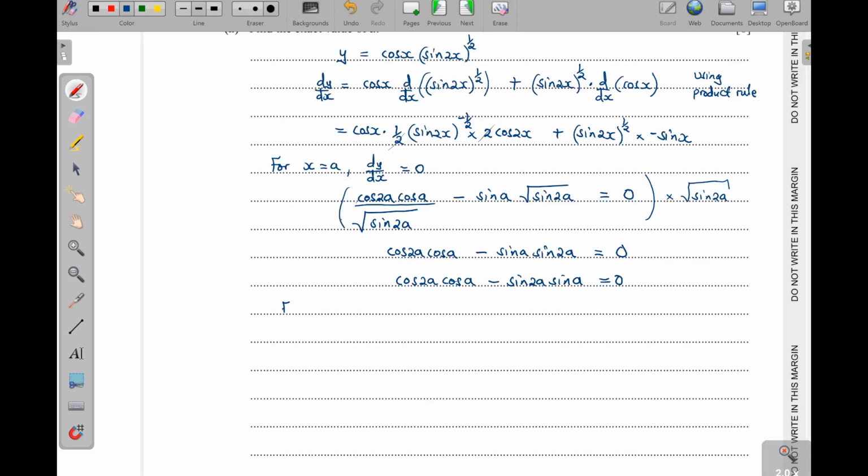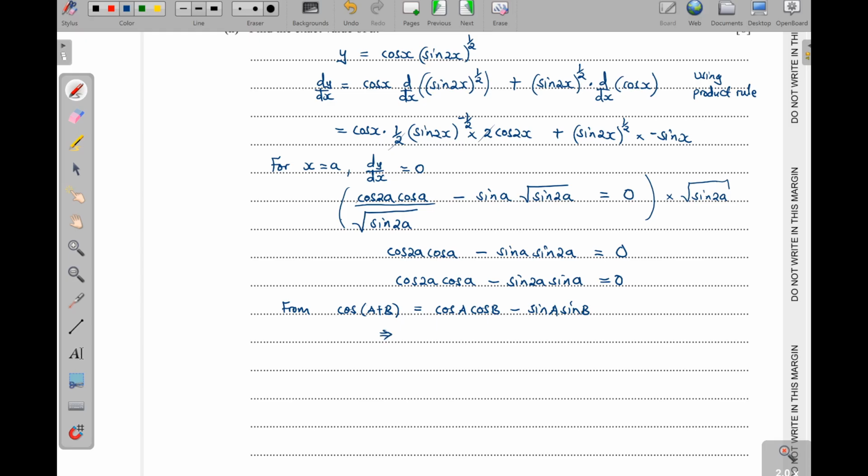So we shall say from cos of a plus b, which is equal to cos a cos b, and then minus sine a sine b.